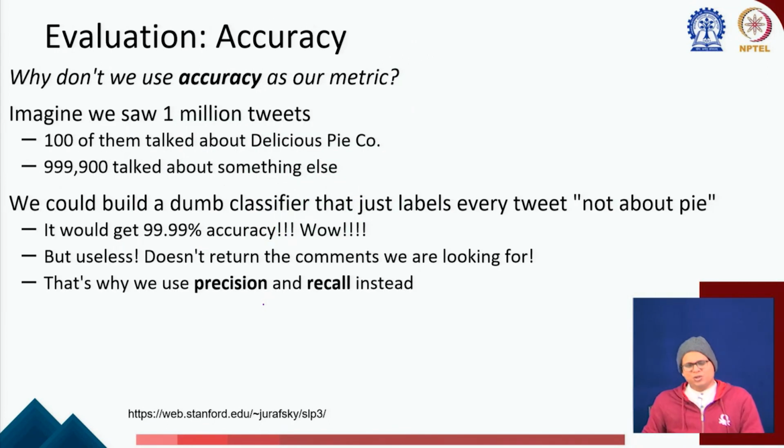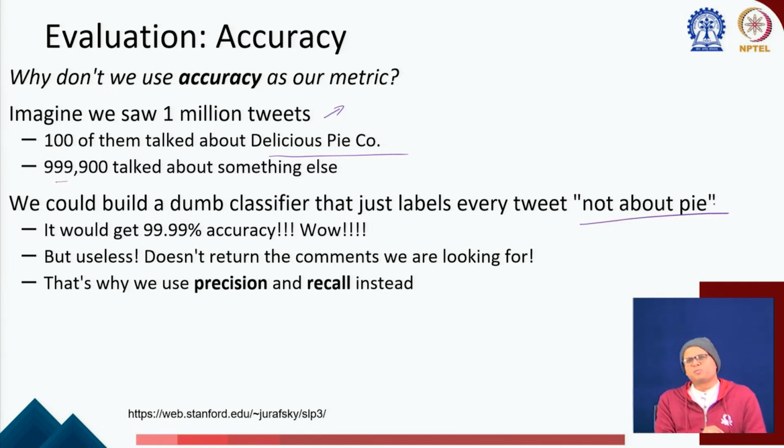So let's take a scenario. Suppose we have 1 million tweets, and out of those 100 talk about Delicious Pie company, and the remaining 999,900 talk about something else. Now somebody can give you a dumb classifier that says for every tweet you give as input, it's not about Delicious Pie company.